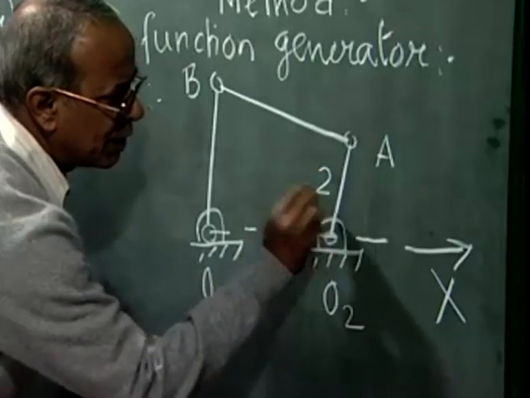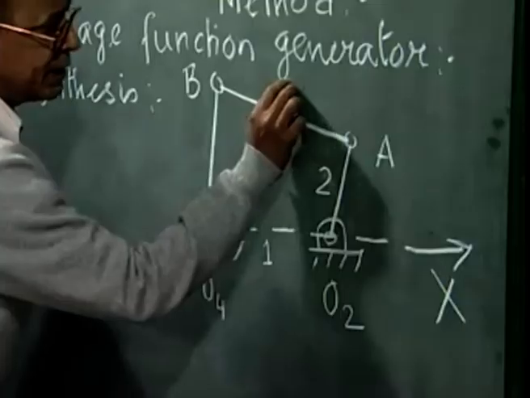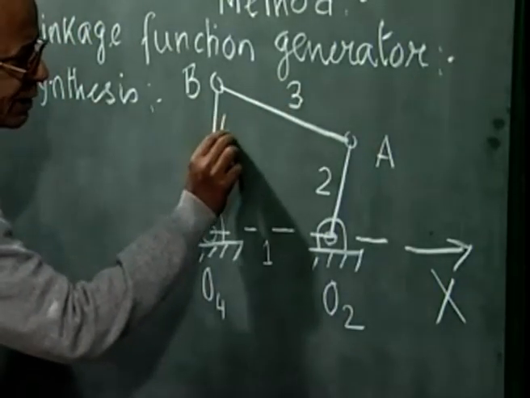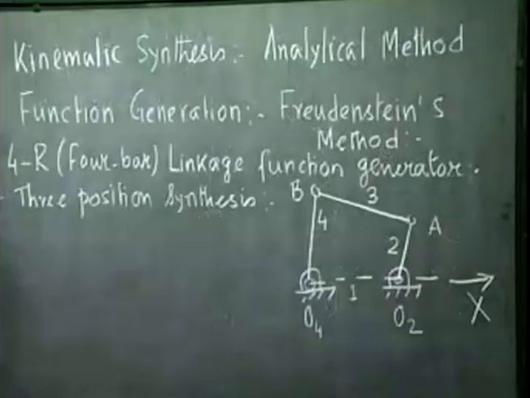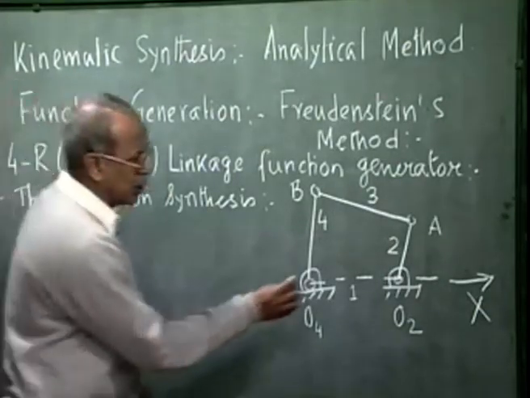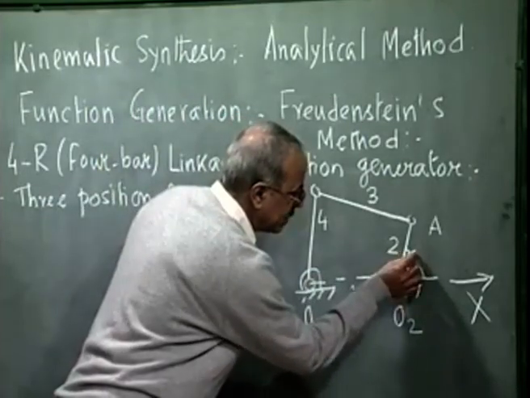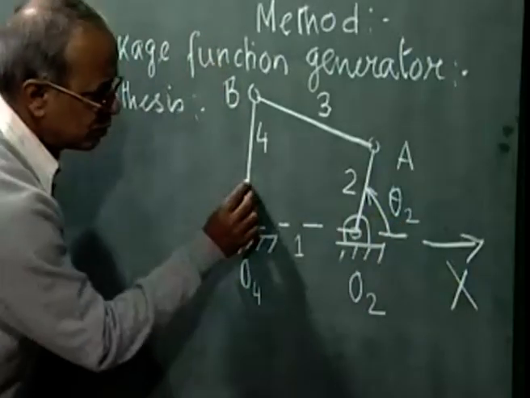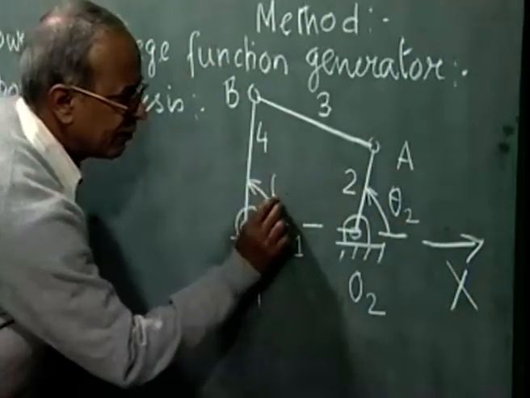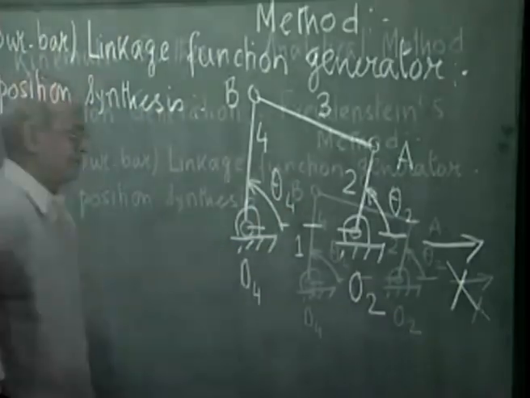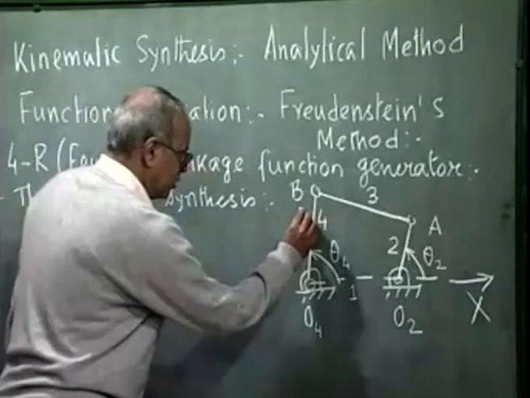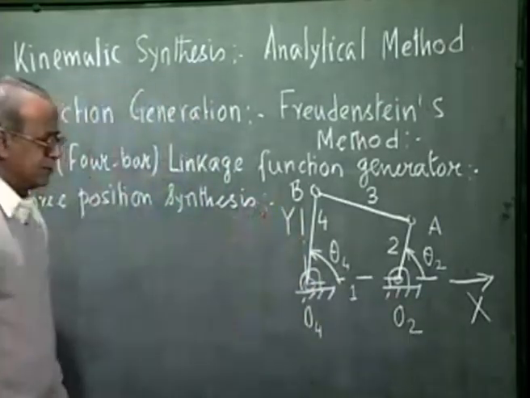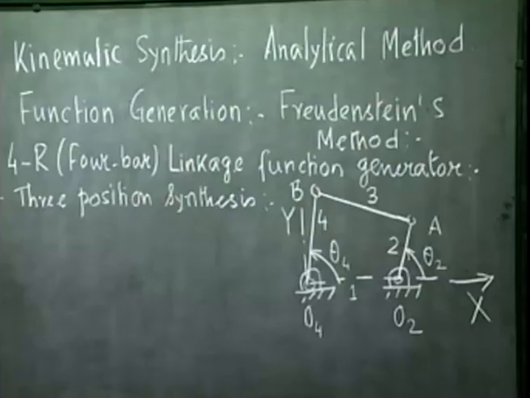O2A, the input link, is link number 2. AB is the coupler, which is link number 3, and O4B, the output link, is link number 4. The orientation of the input and output link is defined by the angle that they make with x axis, namely theta 2 and theta 4. We complete the coordinate axis by drawing the y axis with O4 as the origin.